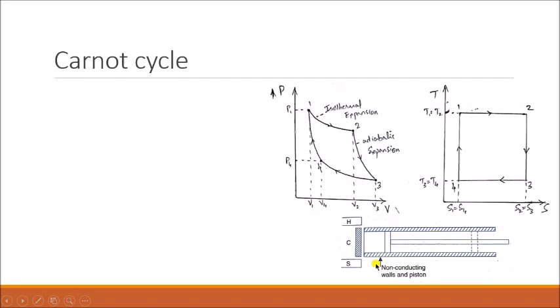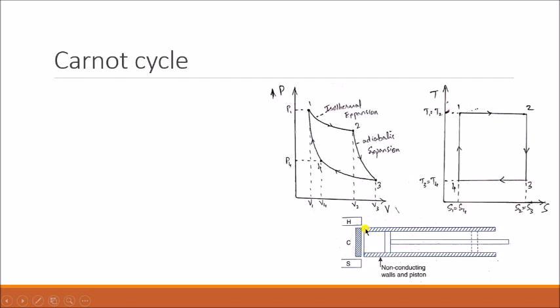Now consider you have a cylinder. The cylinder walls are totally adiabatic, meaning no heat can be transferred through these walls. Inside you have a piston, which moves freely inside the cylinder, and a system, here a gas.